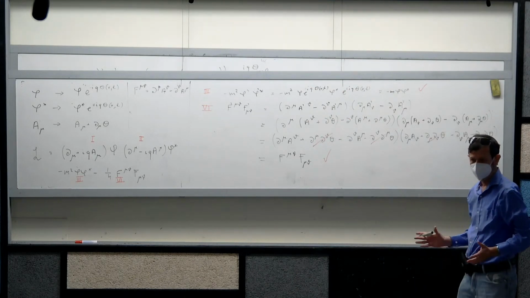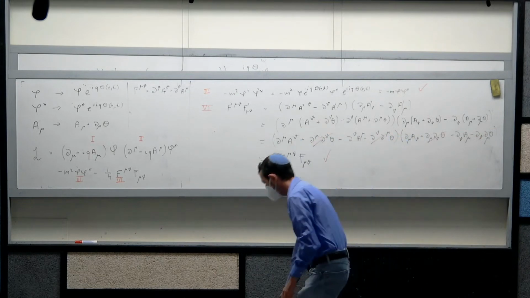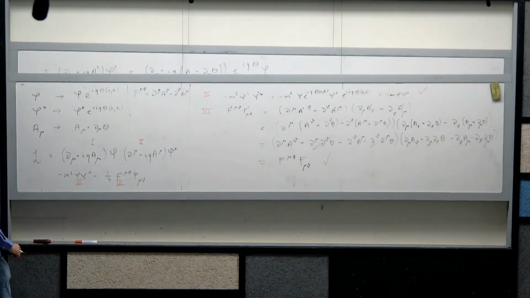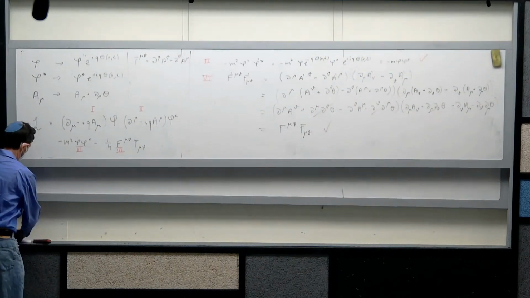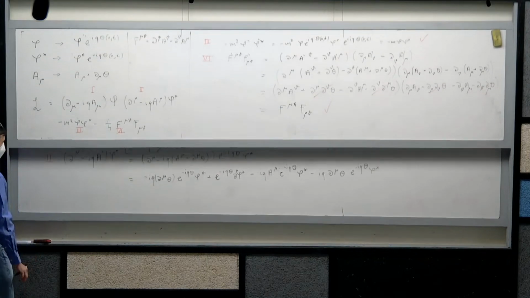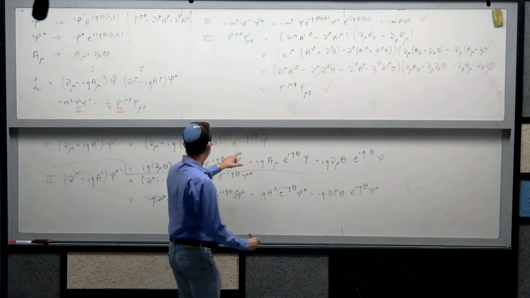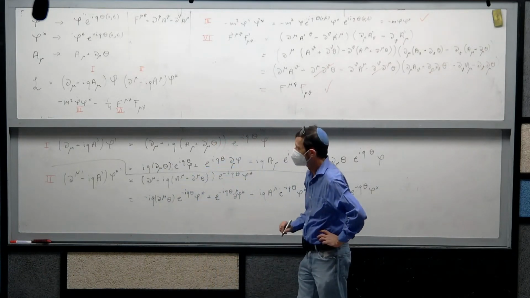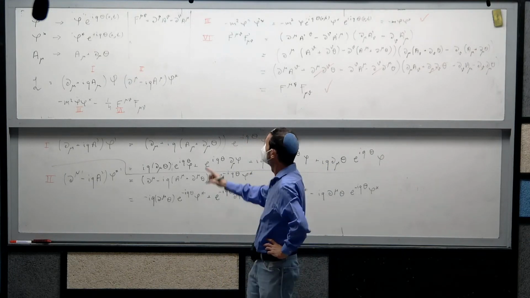Okay? Here, of course, nothing changes because we don't use this definition. Here, the only thing that changes is this guy. What did we change before? What did we change in this word?